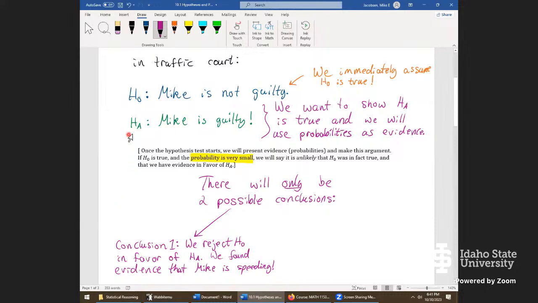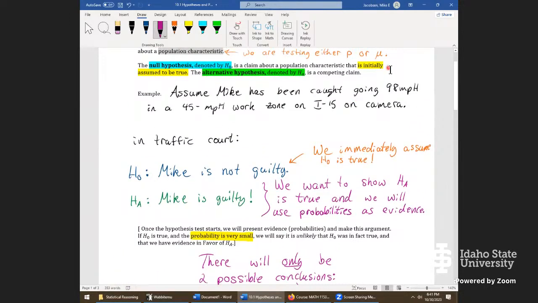We want to prove the alternative is true. That's the interesting question of the problem, but we can't always do it if we lack the evidence. And when we lack the evidence, this is the most unsatisfying conclusion in the world, but even our legal system is based off of this. It's the right conclusion, sadly. We, at the very, very start, assumed H naught would be true, just to see how unreasonable that would be when compared with the rest of the evidence.